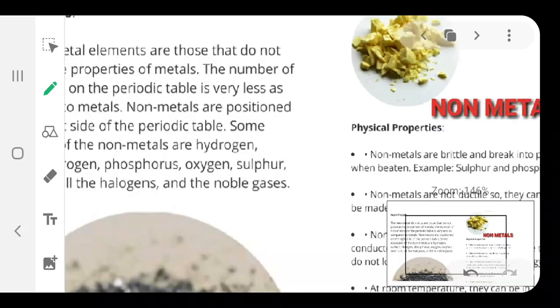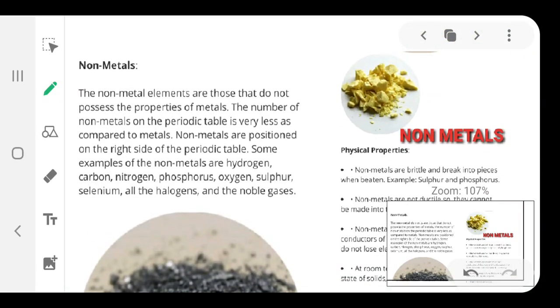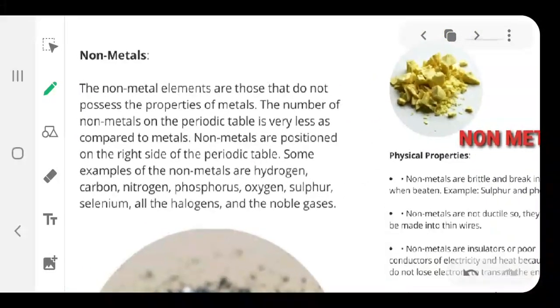Now similarly for non-metals, as you can see here, non-metals have properties which are totally different compared to metals. And as I have told you, there are some examples. Make sure to write them down.